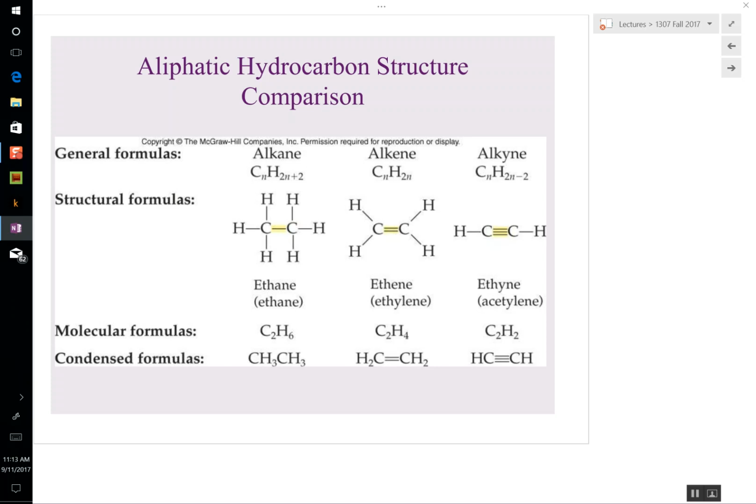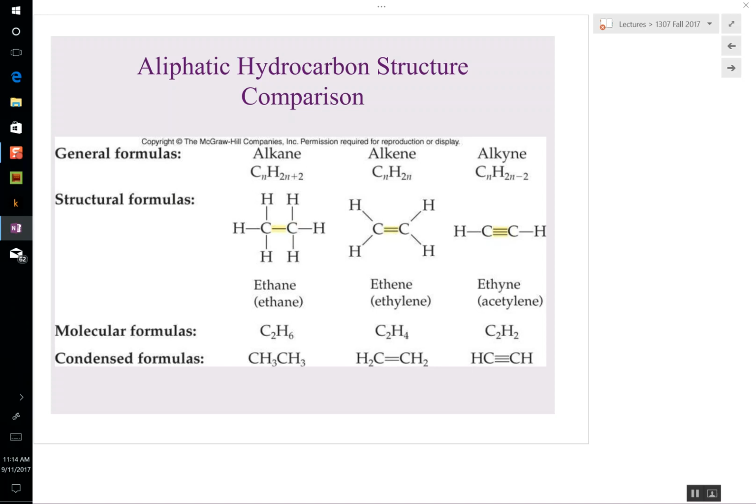It's good to get the model out here, because what you find in contrast right away, if we were looking at ethane, ethane is a 3-dimensional molecule.